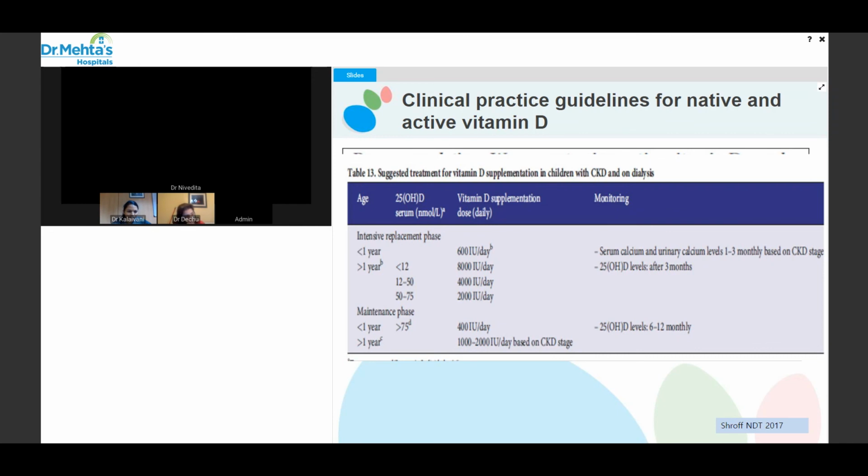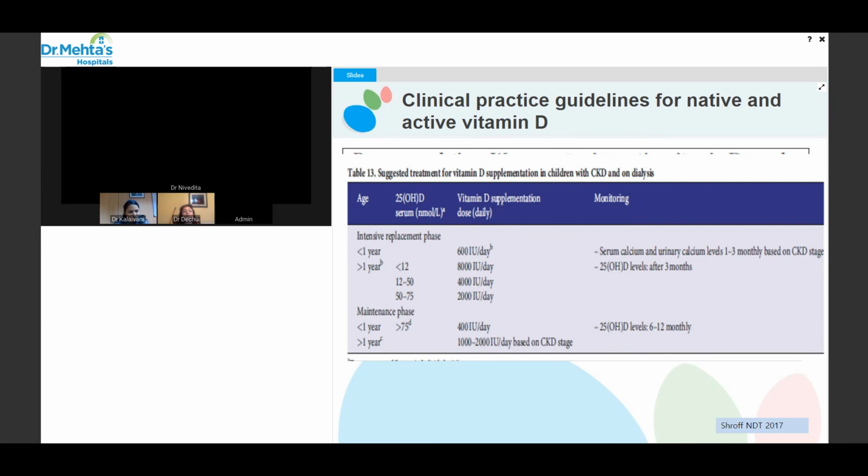The other important factor that we look at is the presence of multiple calculi, significant nephrocalcinosis, the kidney being studded with nephrocalcinosis, or family history of having had it in the previous siblings. All these would be clinical pointers that push you towards primary hyperoxaluria in an infant with CKD or ESRD.